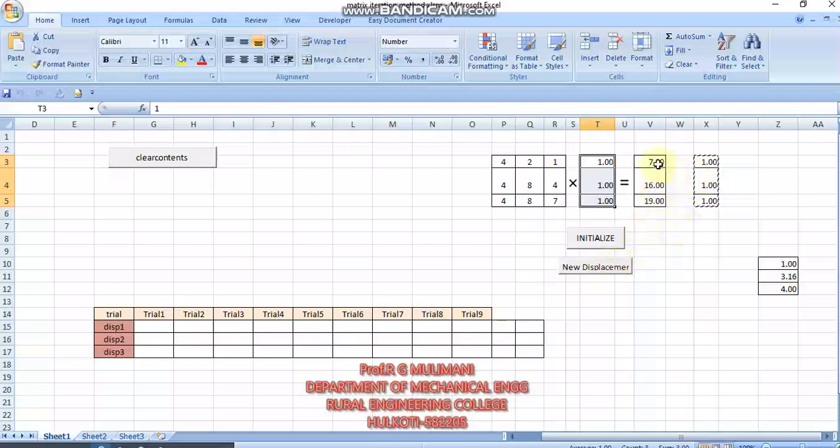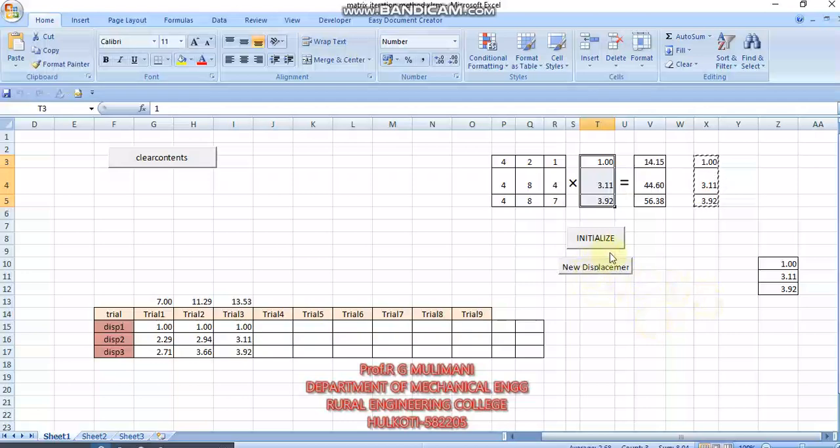Let us take this first term, 7, outside. Taking the 7 outside, the new displacements are 1, 2.29, 2.77. When these two matrices are again multiplied, it is 13.53, 42.13, 53.13. When 13.53 is taken outside, now we have these new displacements.